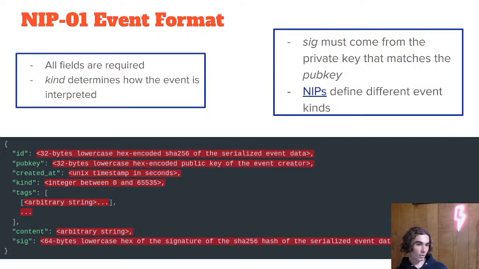This is also part of NIP-57, which is zaps, which allows you to put multiple zap tags in there, and that will tell the client that if you want to zap this note, you have to zap each one of these tags. And content is just an arbitrary string. And yeah, that's pretty much it. If you want to know how to interpret a certain kind, then go look at the NIPs and find what that kind is.